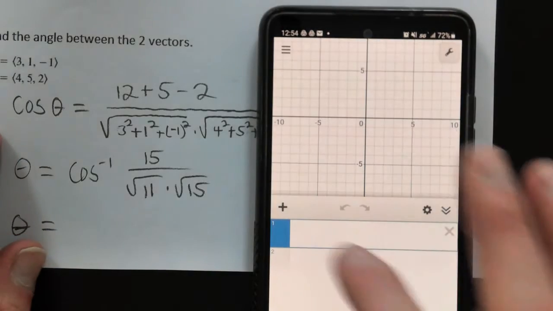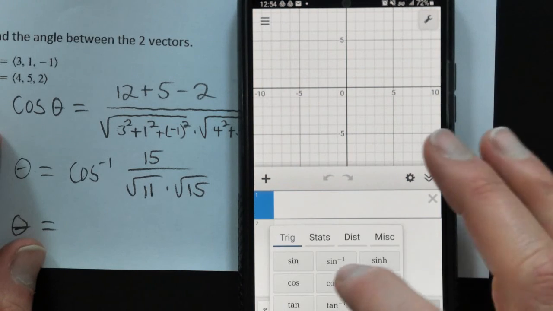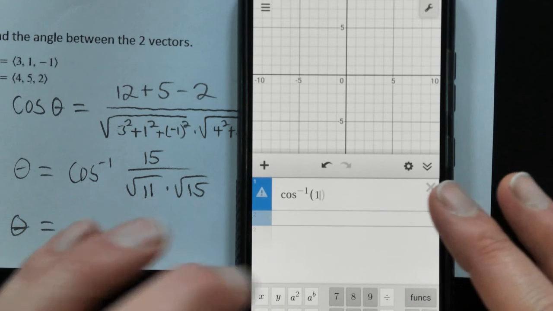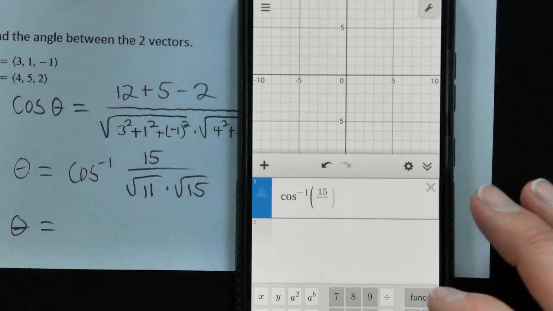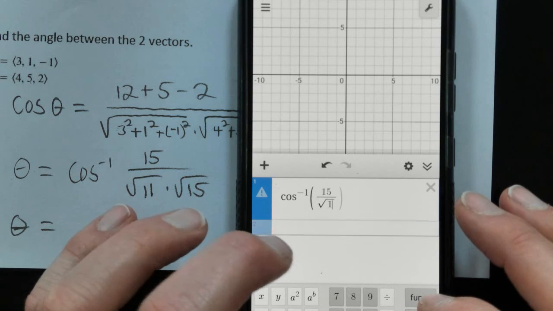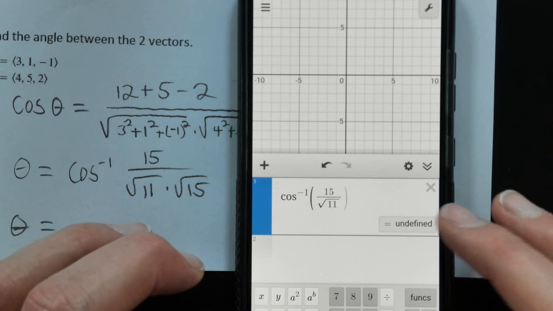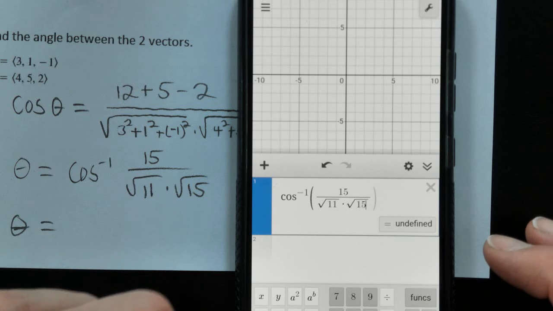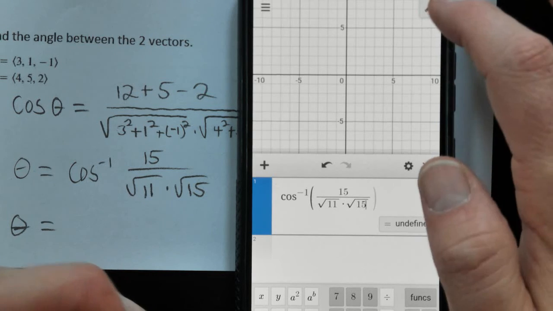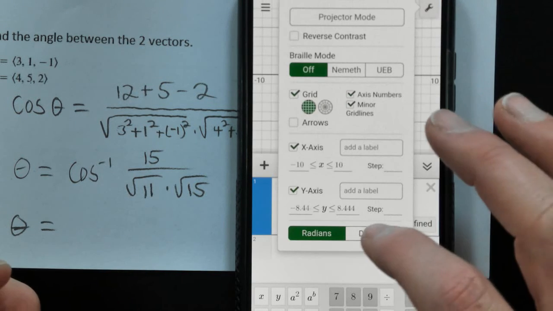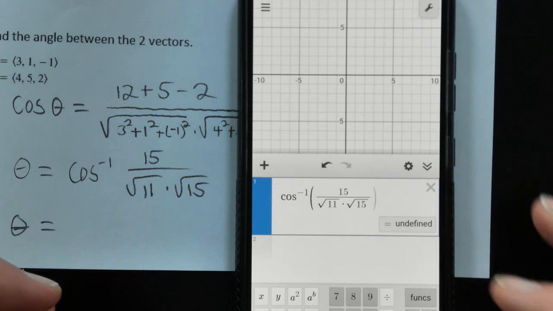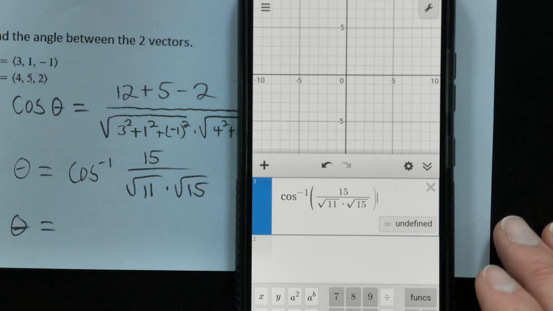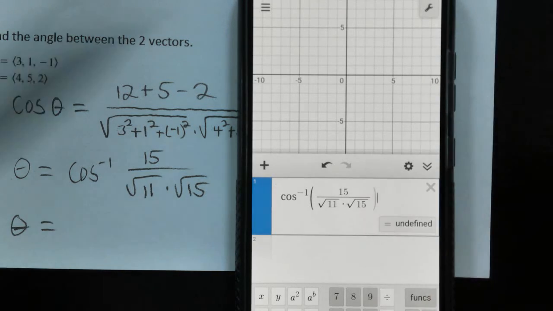All right, so we'll go inverse cosine of 15 over square root of 11 times square root of 45. And I'm getting undefined because, remember, I need this to be in degrees. I must have made another mistake somewhere. Oh, I did. It's not 15.